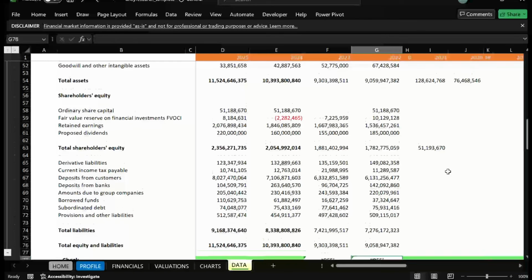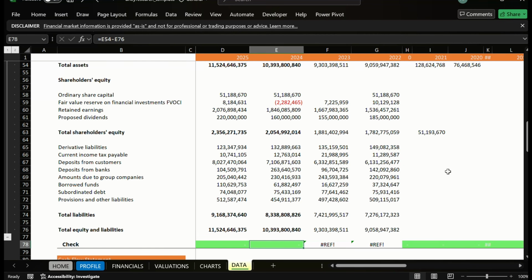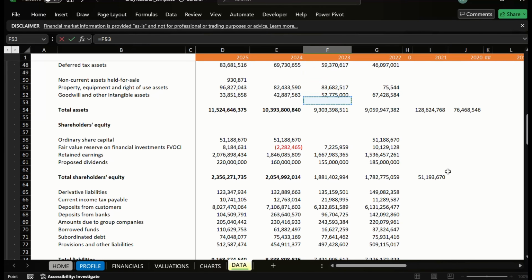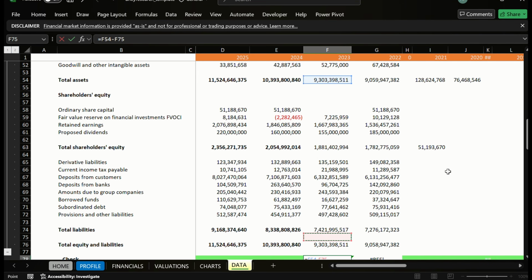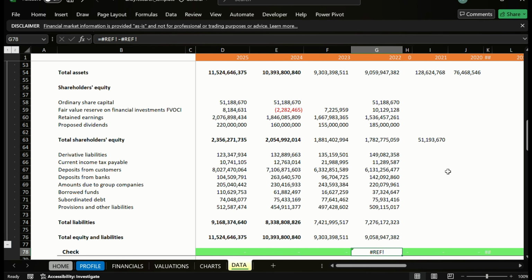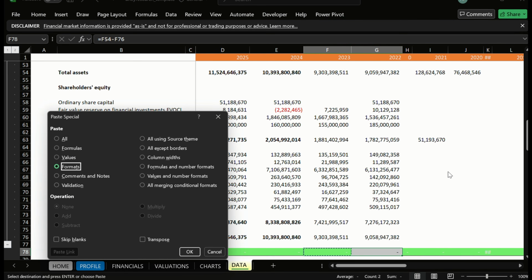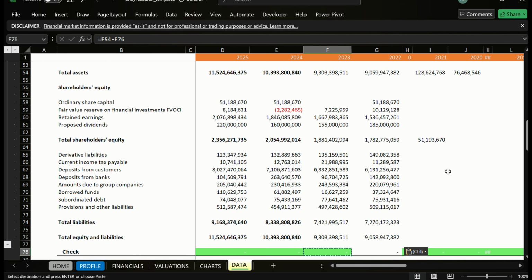So let me connect it here again. As you can see, let me connect total assets, shareholders' equity, liability. So we can see that it does. Control C, control Alt V. Sorry. So what did I do here?